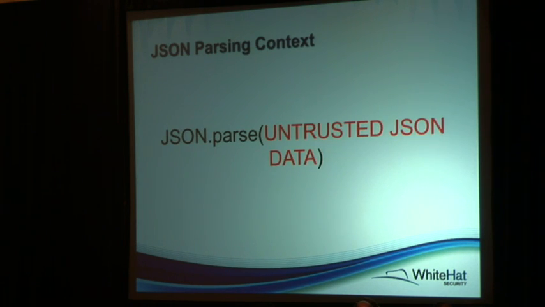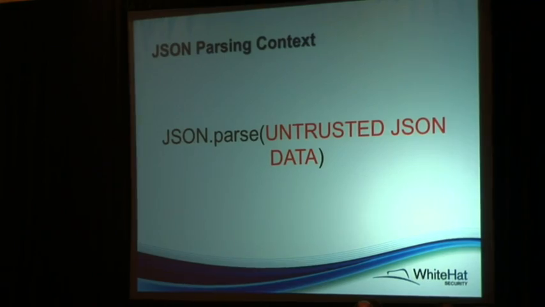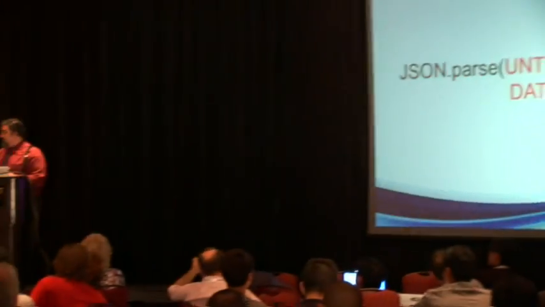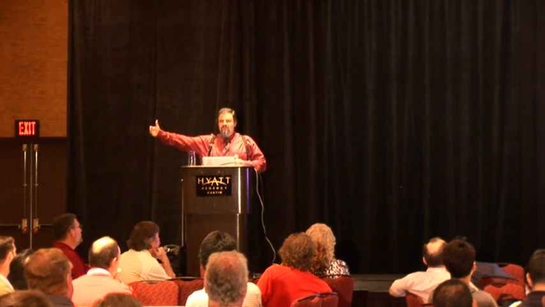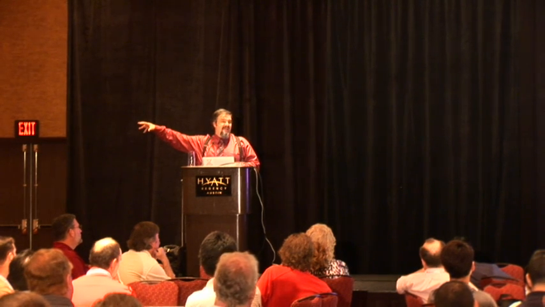And we have to parse JSON properly as well. The original author of JSON, who's here, and I salute you, by the way, wrote original documentation that said to use the eval statement to parse JSON. And why is that a bad idea? You hit a web page, you get the flat HTML, and then that page makes a JSON request to get the rest of the data, the dynamic data for that site.